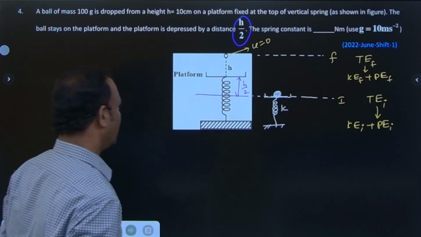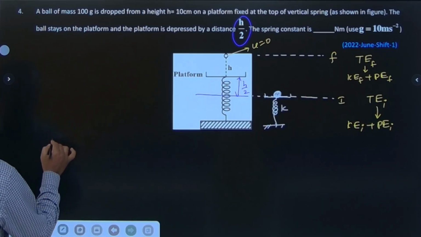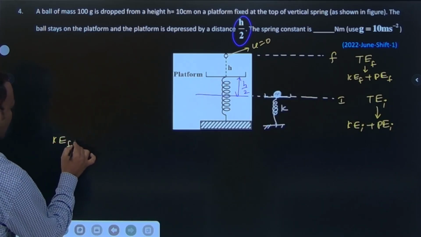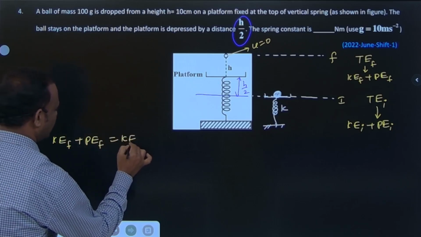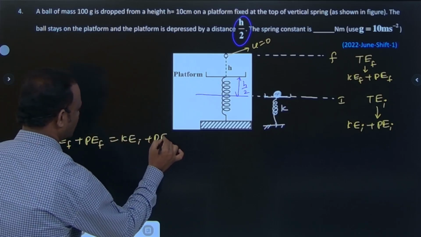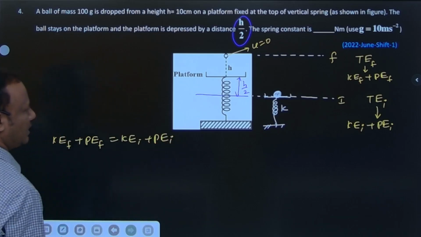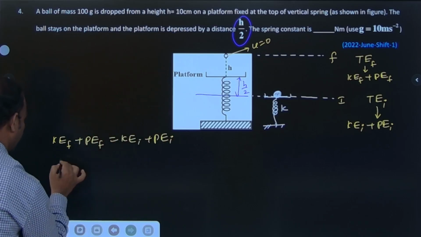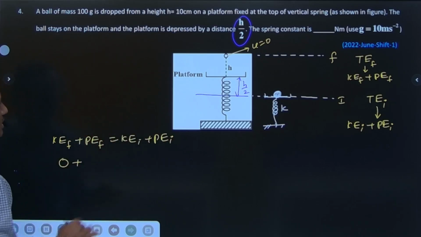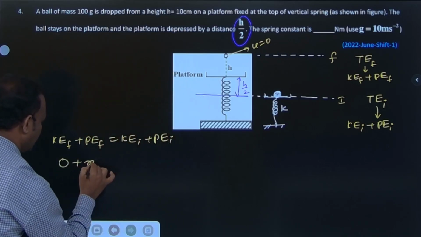Now I am substituting. What is the kinetic energy initial? Half m u square, which is 0, plus potential energy mg.